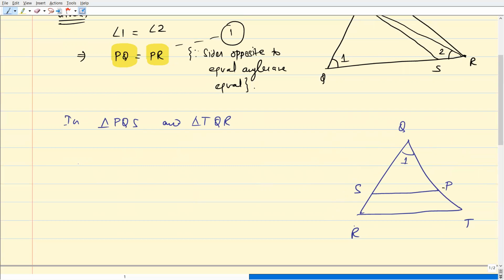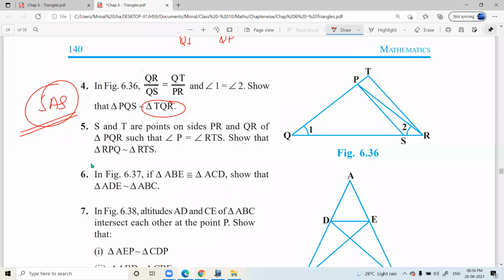Yeah. So what do we say? Corresponding sides should be in equal ratios, right? Yes, sir. So what was given?